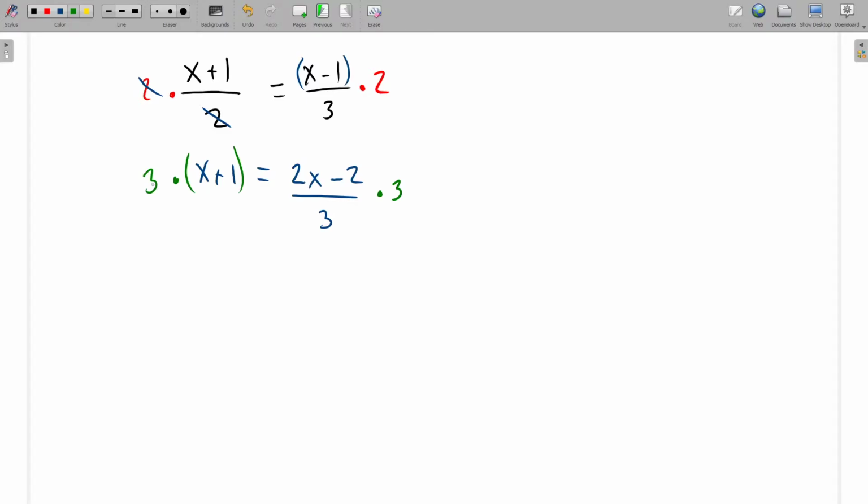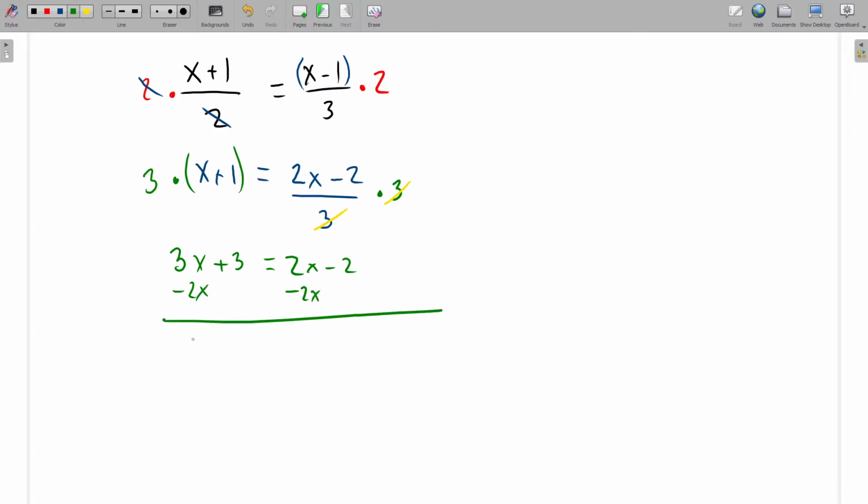So on the left, we're going to distribute the 3 to both terms. 3 times x is 3x. 3 times 1 is 3. And on the right, the 3 and the 3 cancel, leaving us with 2x minus 2. And now, this problem looks like the other two that we've done, where we can move this 2x to the left by subtracting.